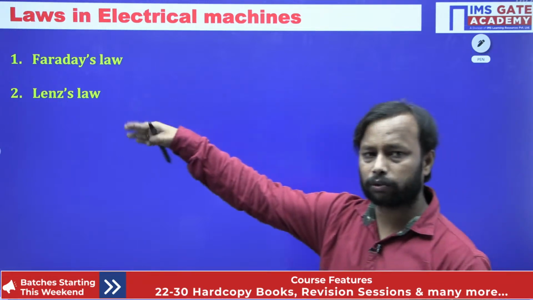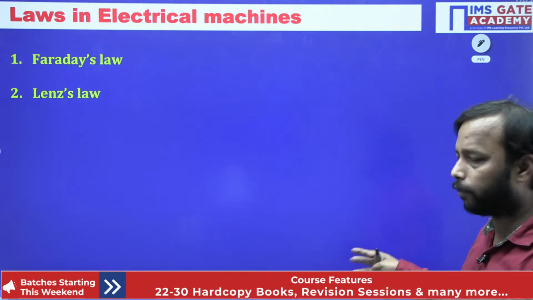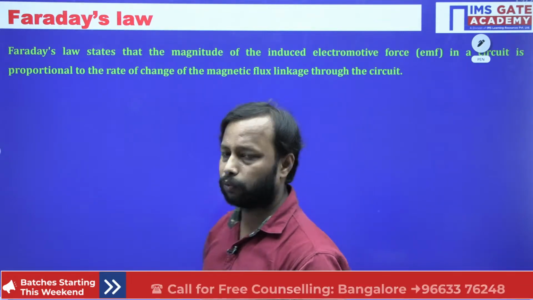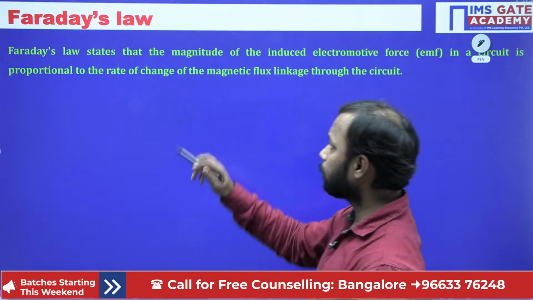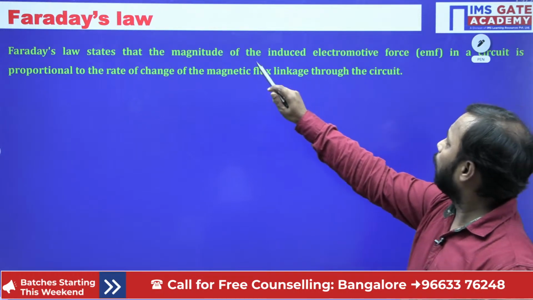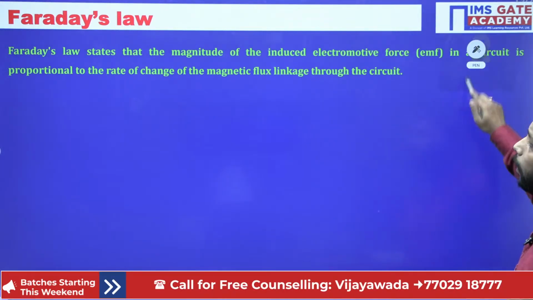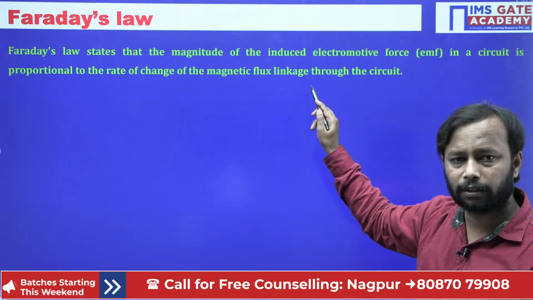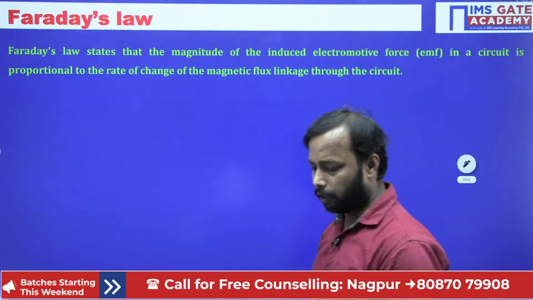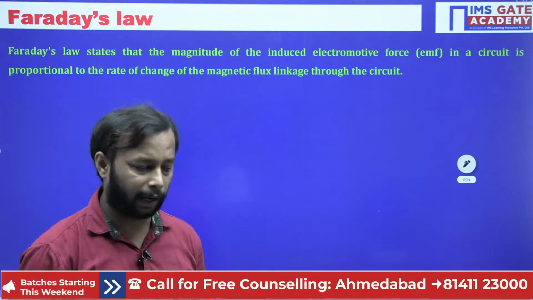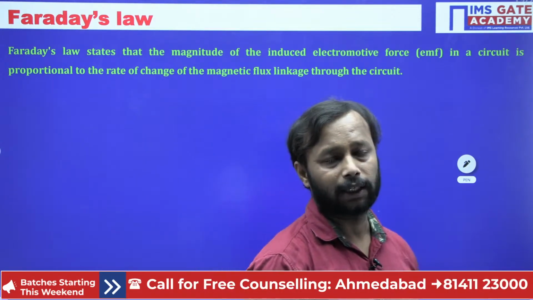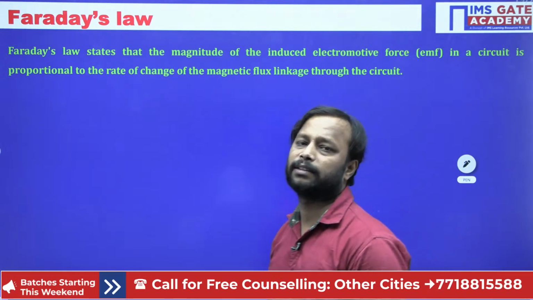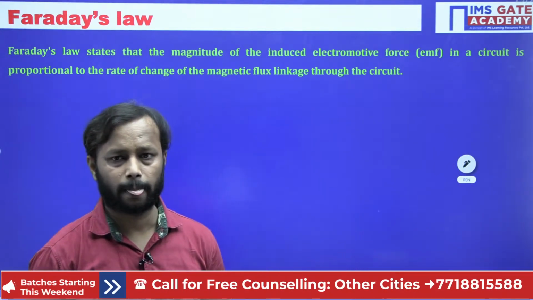Basically we have two laws. Lenz's law, I will let you know after some time. First let us understand Faraday's laws. What Faraday says is that whenever in a circuit we have a rate of change of magnetic flux linkage, then an EMF will be produced inside the conductor.